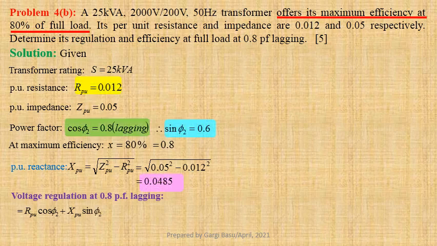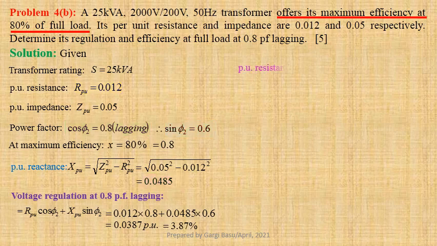Using values we get 0.012 into 0.8 plus 0.0485 into 0.6, that is equal to 0.0387 per unit or 3.87%.